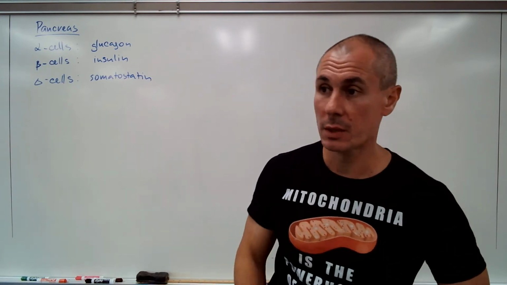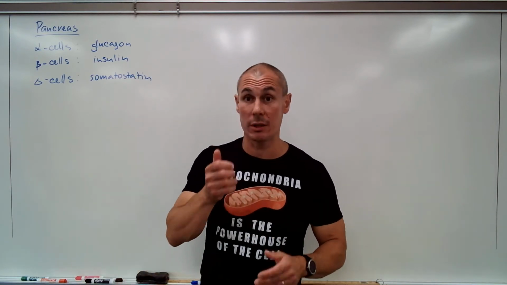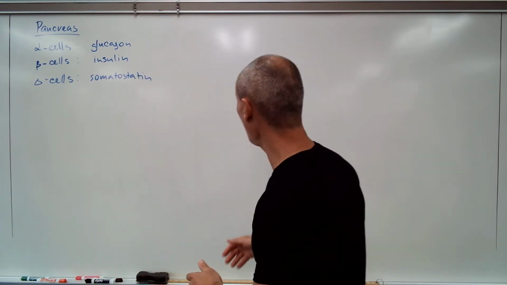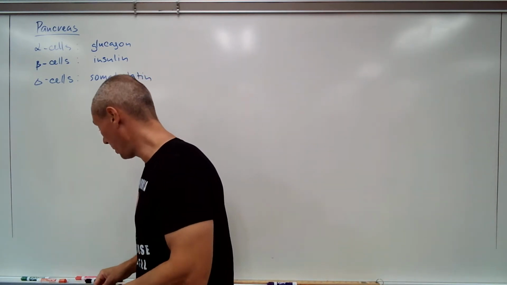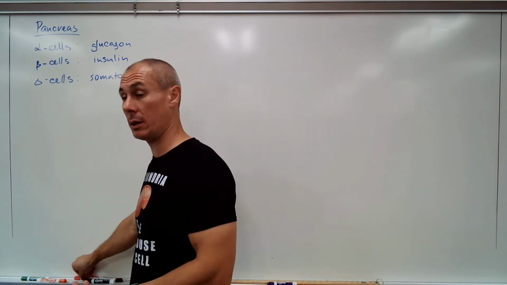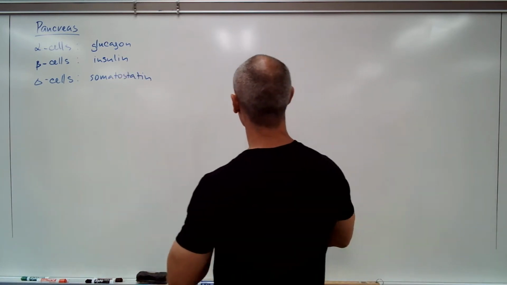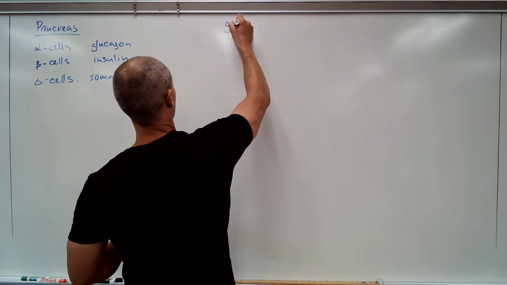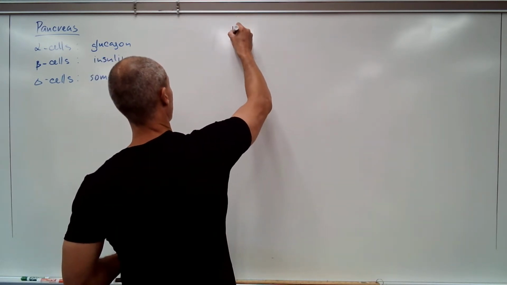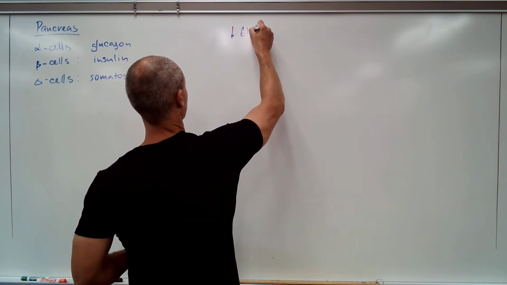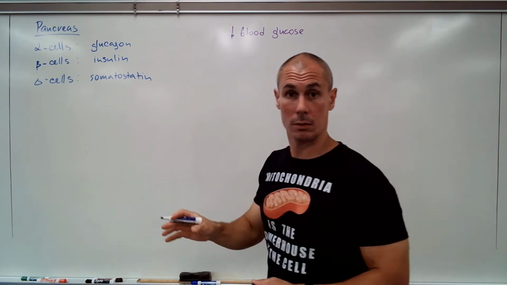So first, let's discuss the regulation. And regulation is actually very, very simple. I'm going to lay them next to each other because essentially the effects are diametrically opposite. So we're going to start with glucagon, and the stimulus for glucagon release is low blood glucose. Does that make sense?